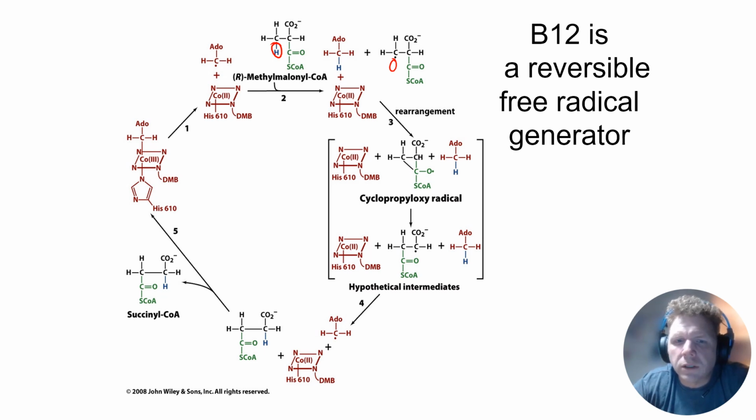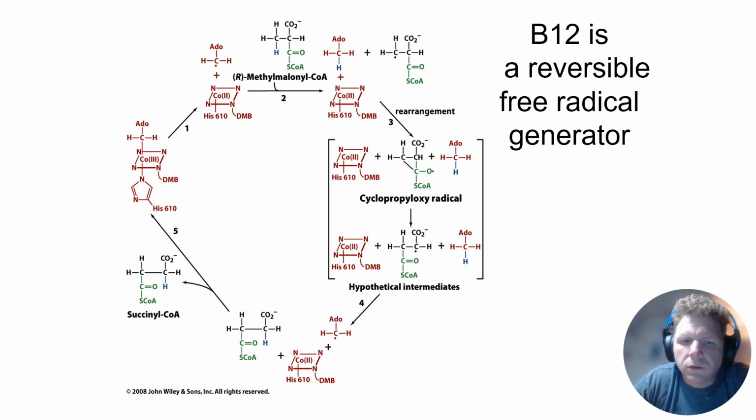And in the process, that's going to give us a free radical. That radical is going to help us move that carbon and that coenzyme A to where our radical was. And then we're going to move our radical to where our S-CoA was.